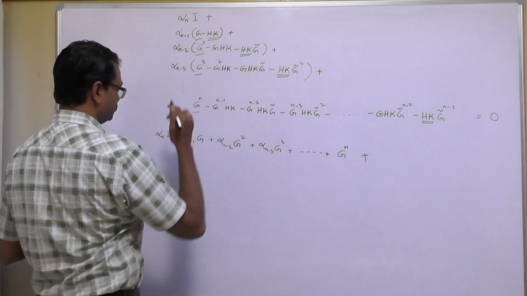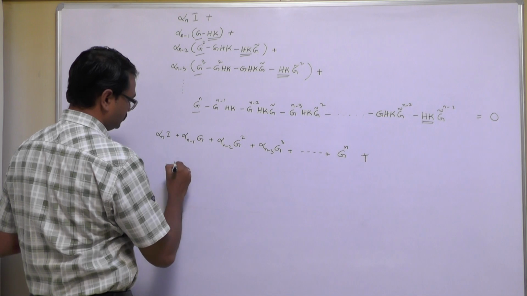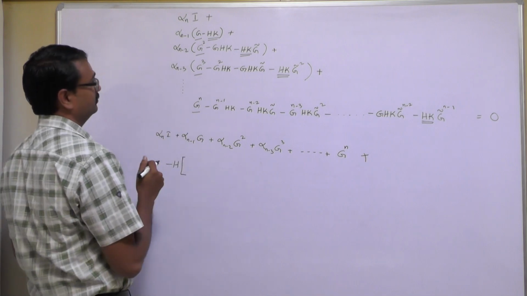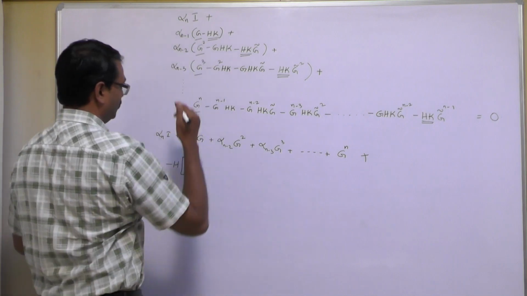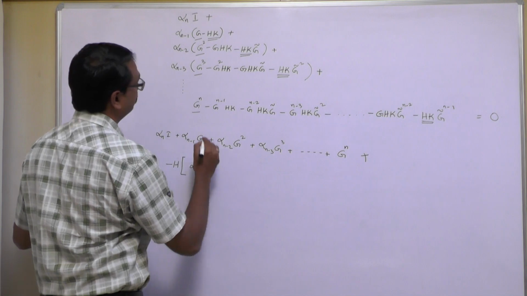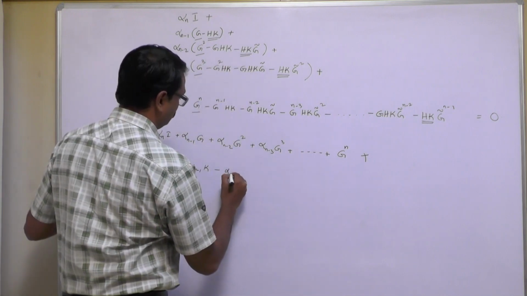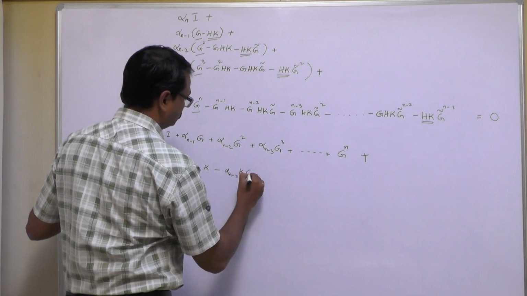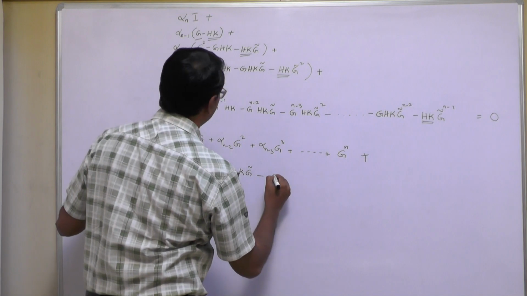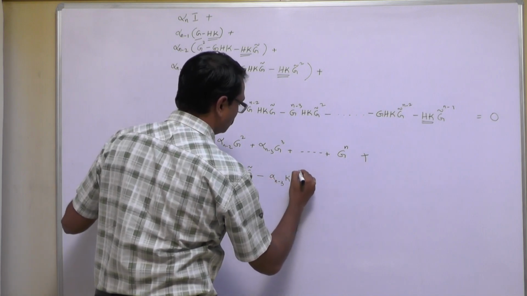So, minus H is what I am considering here. Minus H. K is a feedback matrix. Therefore, alpha n minus 1 K minus alpha n minus 2 K G bar minus alpha n minus 3 K G bar square.